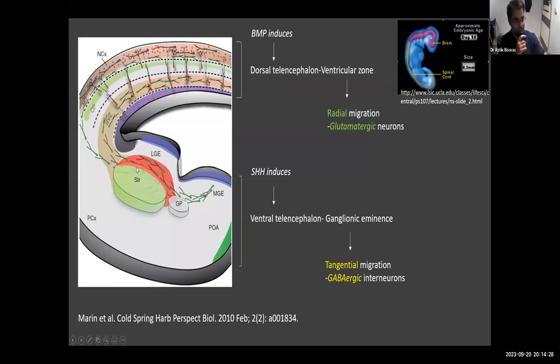And if you see the migration pattern, it is slightly different. This is parallel to the surface of the ventricle. So this is known as tangential migration. Although initially they do have tangential migration to this level, followed by radial migration, in order to reach the layers of the cortex and form the 6-layered normal cortex.